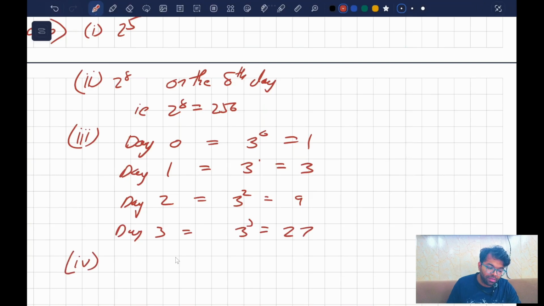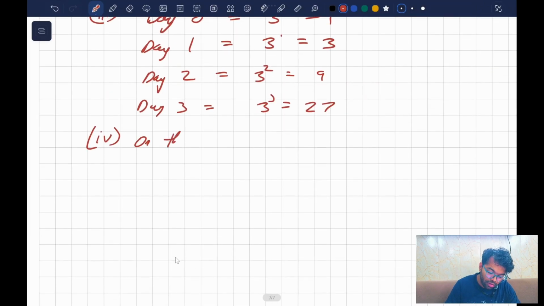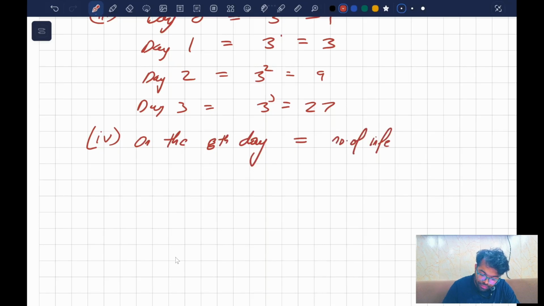The number of infected people after X days can be represented by 2 to the power of X. What is the ratio of the number of infected people on the 8th day to the 4th day? So, on the 8th day, the number of infected people is 2 to the power of 8.